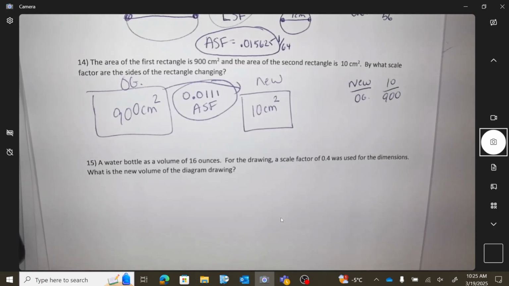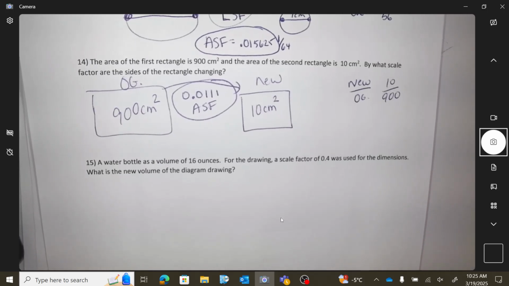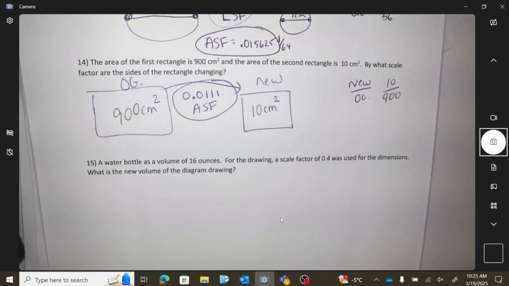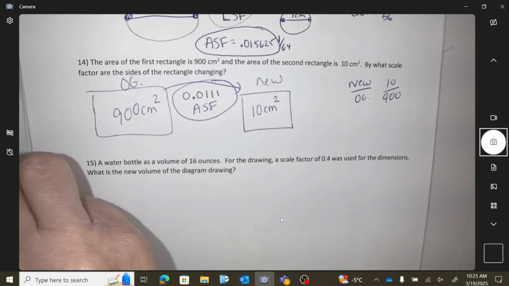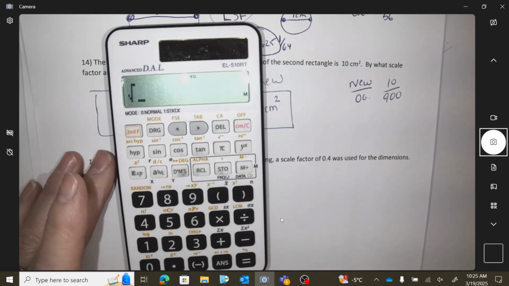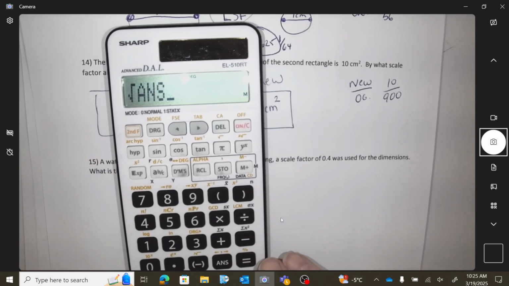So what scale factor should we use to change the sidewalls? Square root that, because I'm in area. How do I go from area to just linear? So I'm going to square root. You better use that button called the answer button. Don't retype anything.